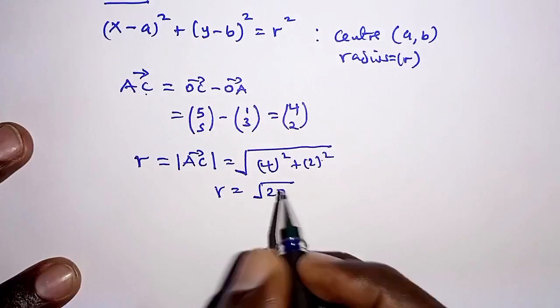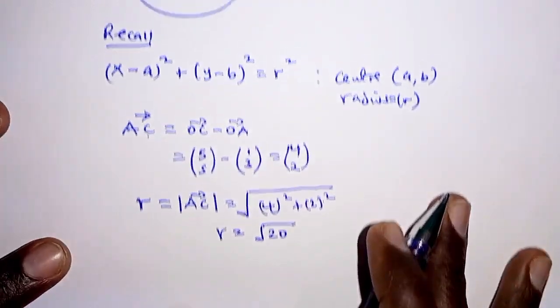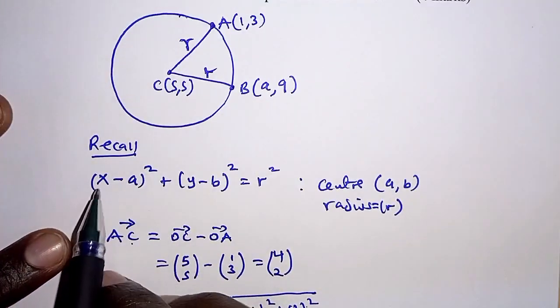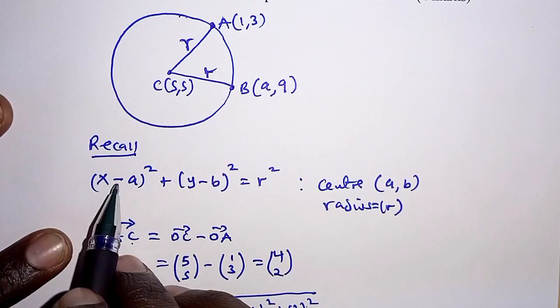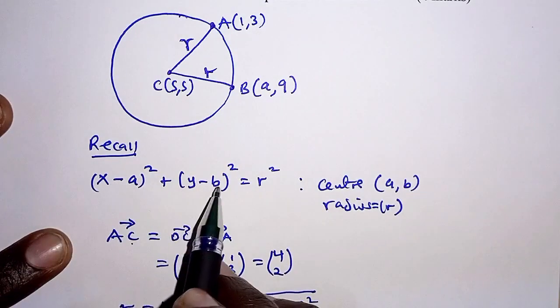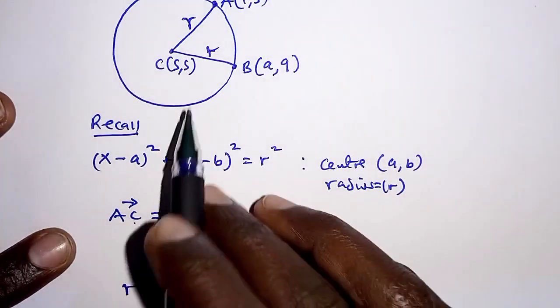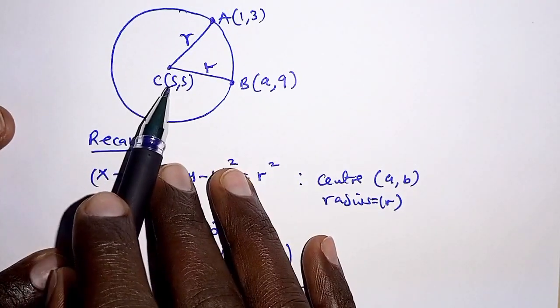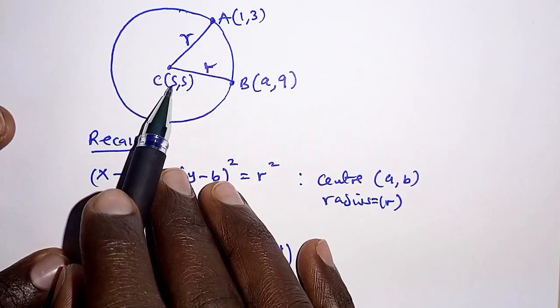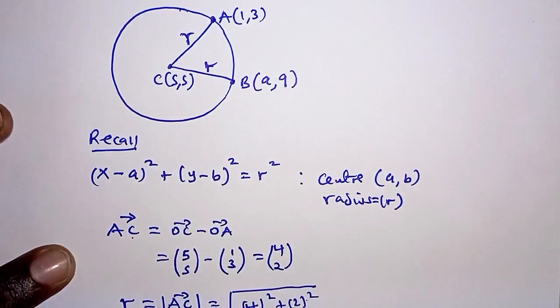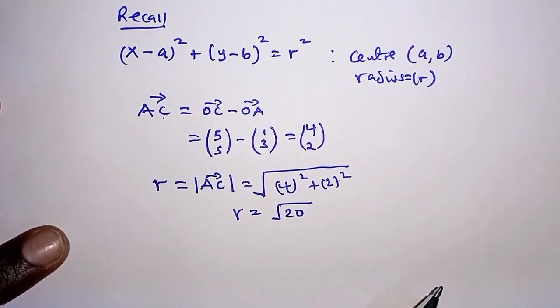So if r is root 20, getting back to our equation, we have (x minus a) squared plus (y minus b) squared is equal to r squared. And also we need to remember that the center is (5, 5). That means a is 5, b is 5. So let's do our substitutions.